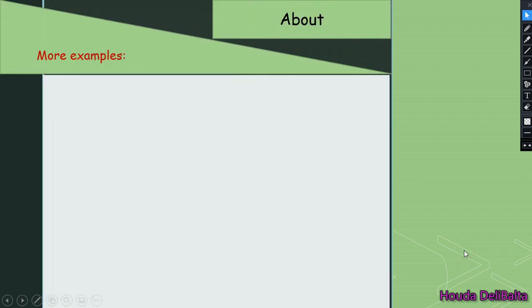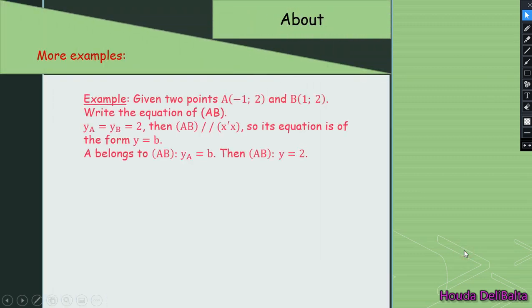And finally, here are more examples concerning special cases. Example 1. Given 2 points A (-1, 2) and B (1, 2), we have to write the equation of AB. If you apply the rule of the slope, we will get 0 because YA minus YB will give 0.